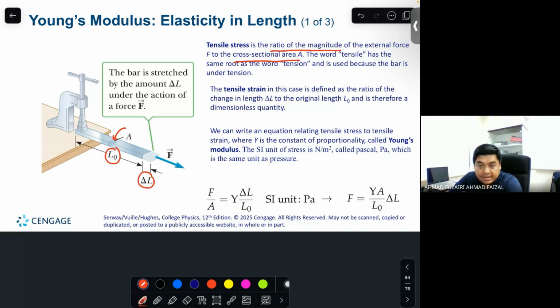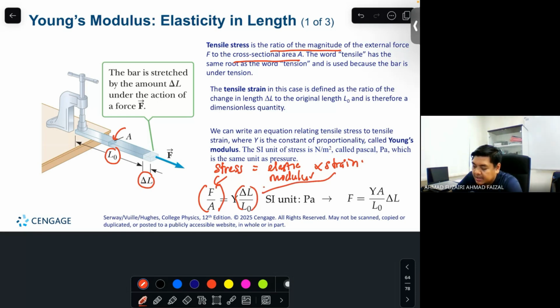Again, I would like to remind you, we have stress equal to elastic modulus times strain. Therefore F over A is the stress, delta L over L naught is the strain, and Y here is the elastic modulus.